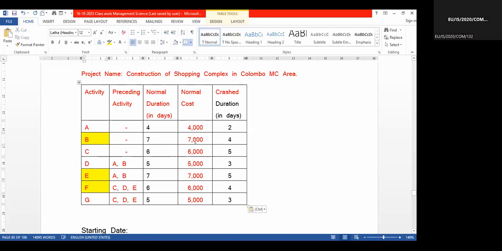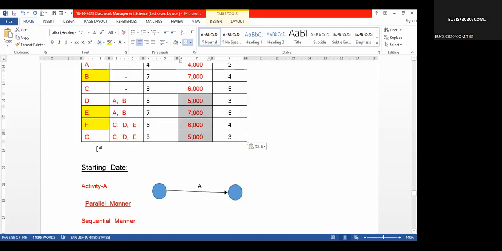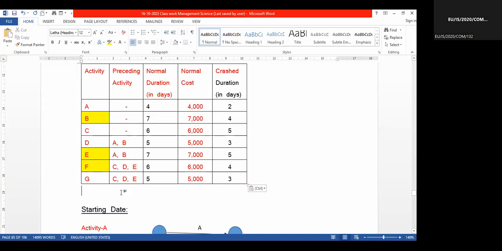So it's not proportionate, I just put it randomly. D, 5,000. E, 7,000, 6,000 and 5,000. Now you see that in projects, apart from this activity cost, there are side costs.